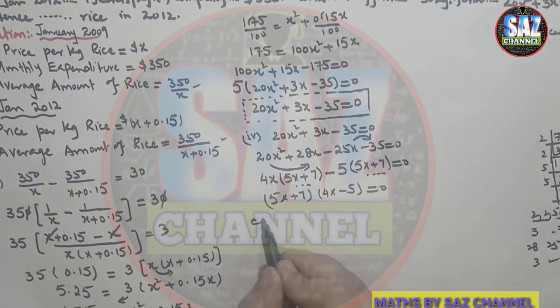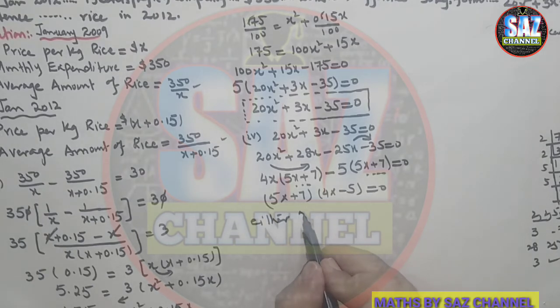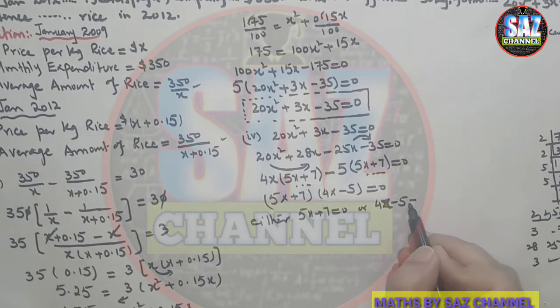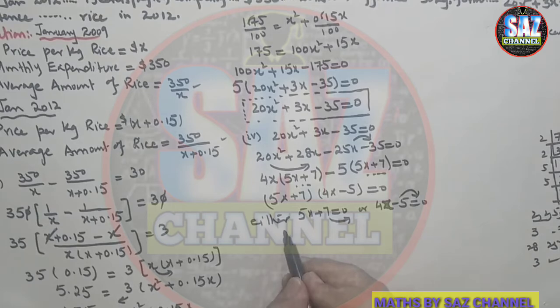In order to solve this equation, apply the either-or condition: either 5x plus 7 equals 0 or 4x minus 5 equals 0. Shift the constant to the other side by changing the sign.